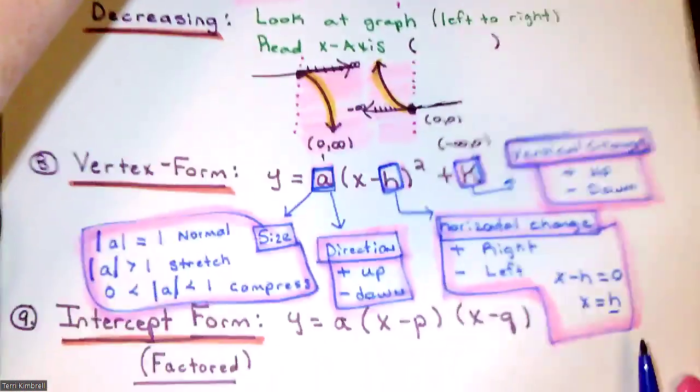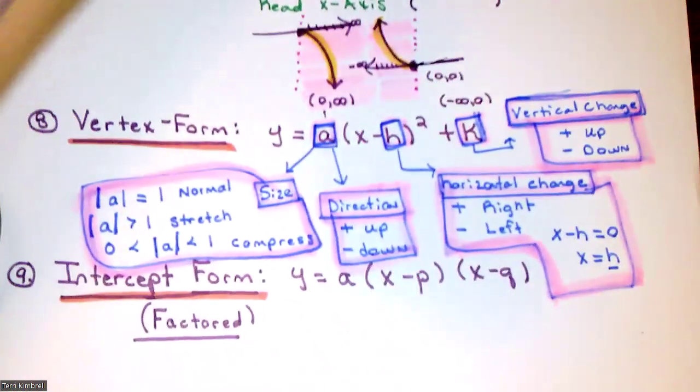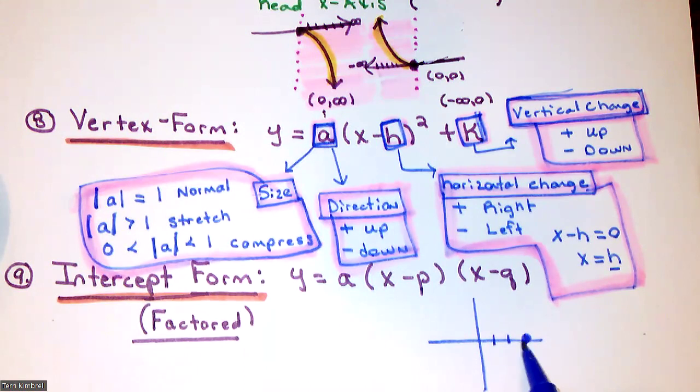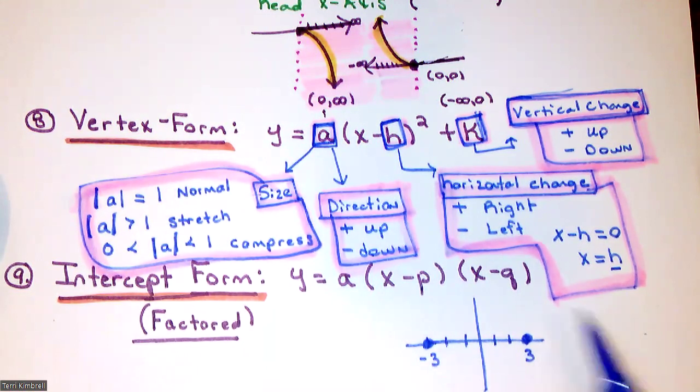Now, when you go to intercept form, the intercepts are what would go in for your P and your Q. So let's say that we have a parabola that's going to touch at 3 and -3, and let's say that my A is 1.